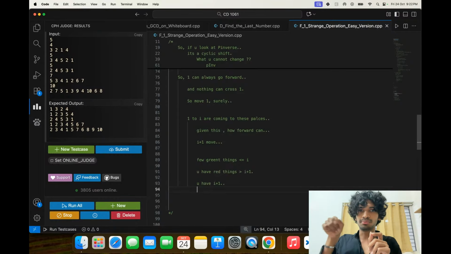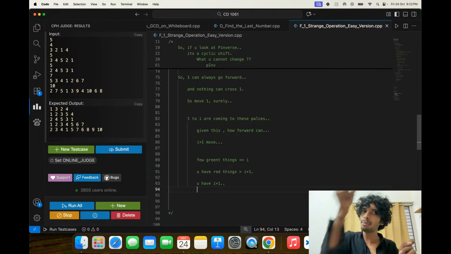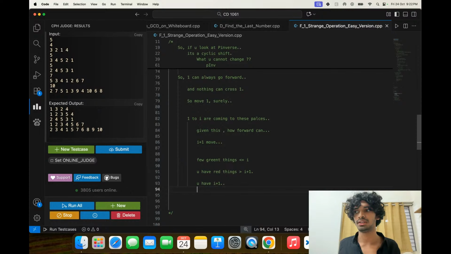Before this moves, this will move. And then you have these things. Now I plus 1 will go as forward as possible among them. So for I plus 1, the best is move everything here and then try to move this. Now it crosses as many red things as possible. And now the problem is done.